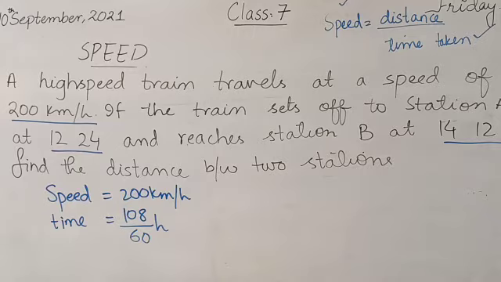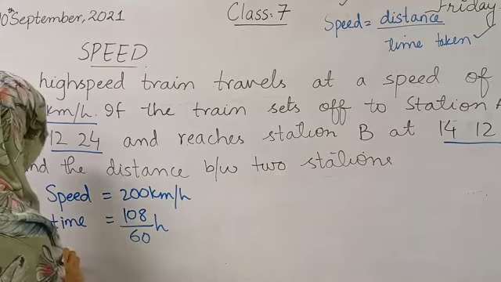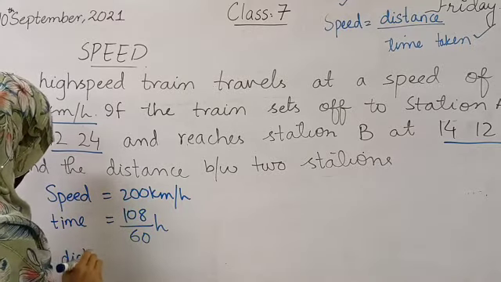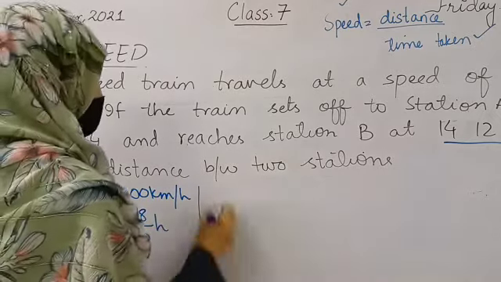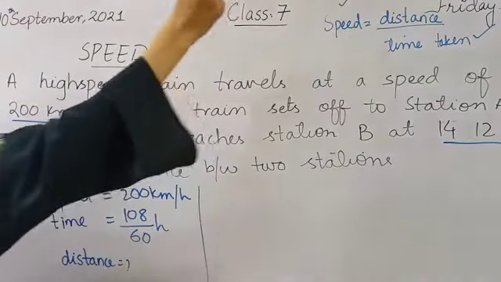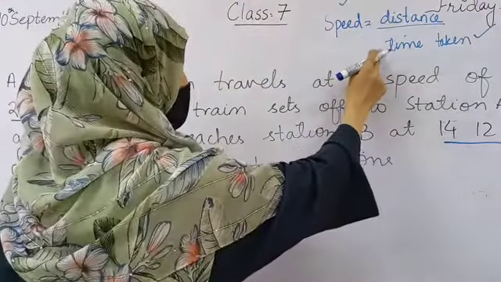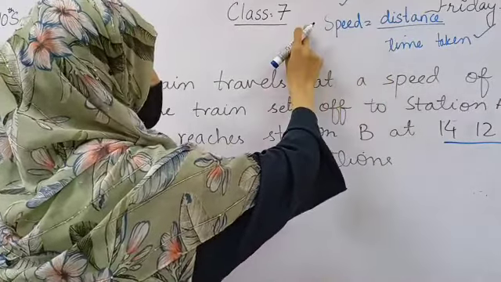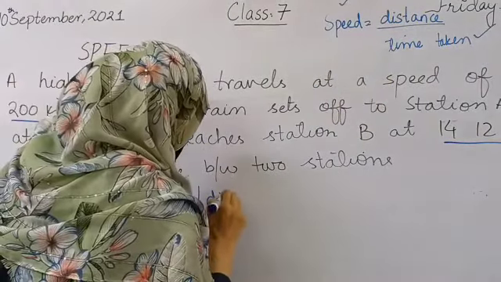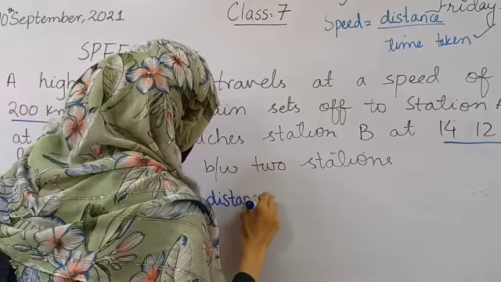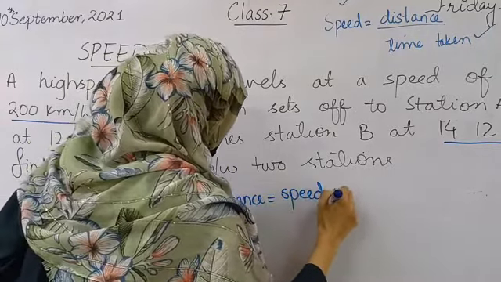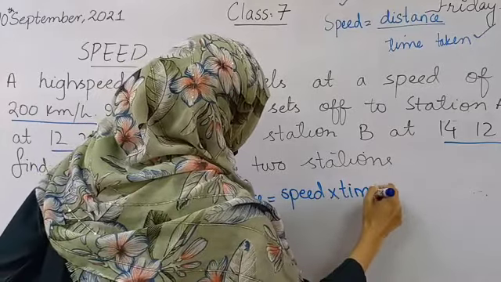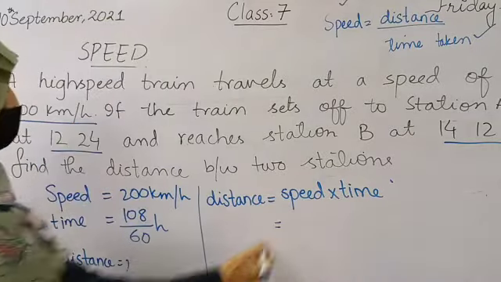We want to find out the distance. Write the formula of speed, which is this. So if I want to find out the distance, multiply this time taken with speed. So the formula for distance will become speed multiplied by time.